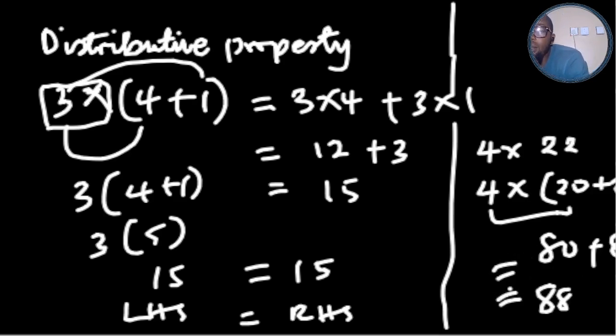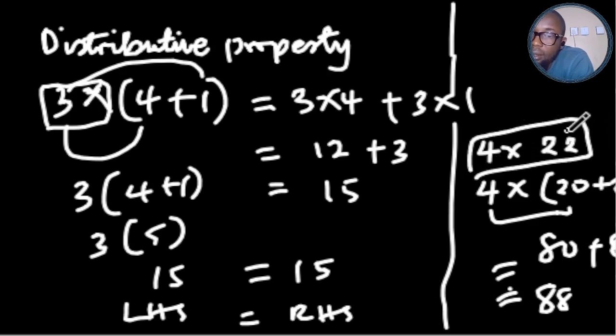88. Well, the way I've done it, you might be thinking, oh, is this not a long method? No, it's not. In fact, it's the smartest method to solve this. And by using this method, you can easily solve this question or anything that is similar. Of course, I know it's easy for you to say 4 times 22 is 88.